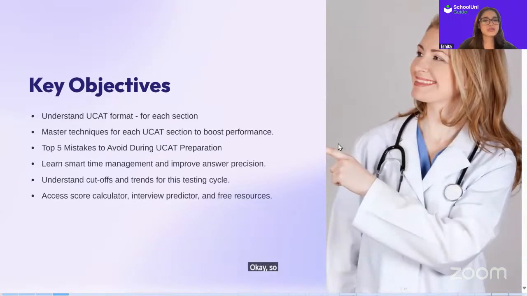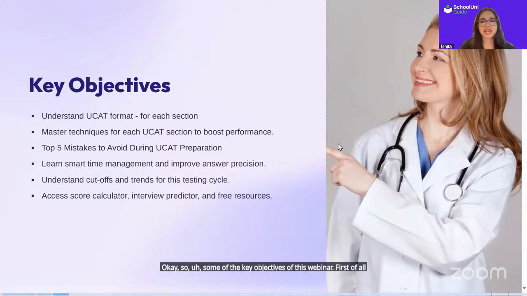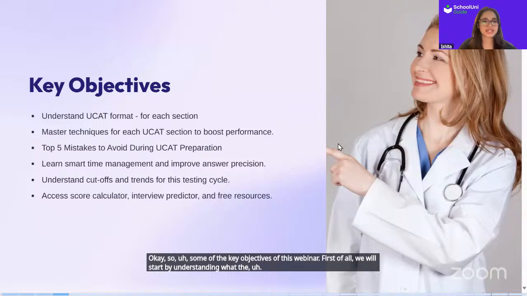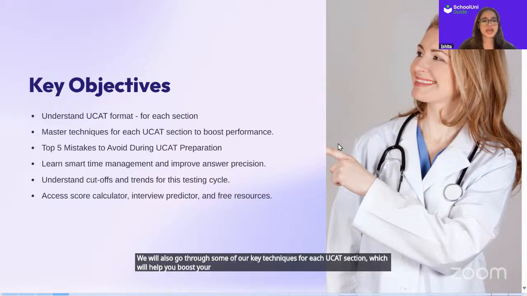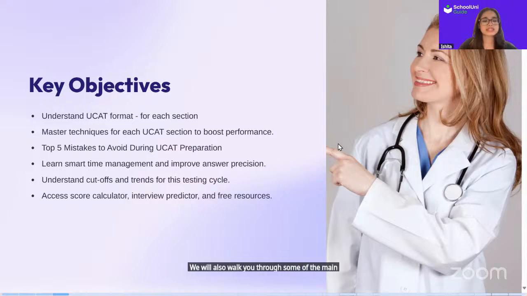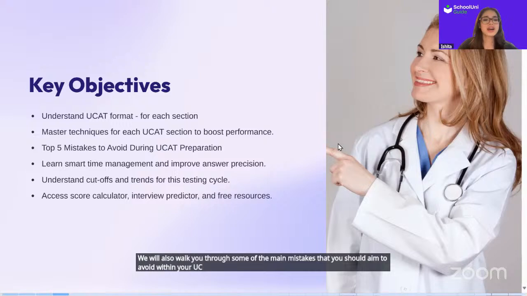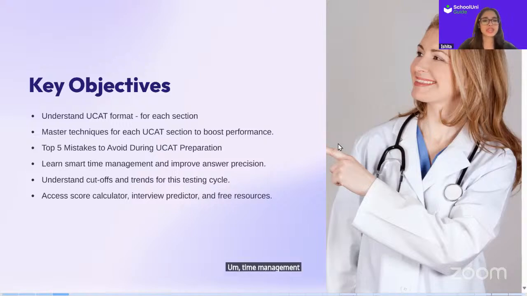Some of the key objectives of this webinar. First of all, we will start by understanding what the UCAT format is. What are the different sections involved in the UCAT? We will also go through some of our key techniques for each UCAT section, which will help you boost your performance as a student. We will also walk you through some of the main mistakes that you should aim to avoid within your UCAT preparation. Time management is also a very crucial factor in the UCAT, as we will see.